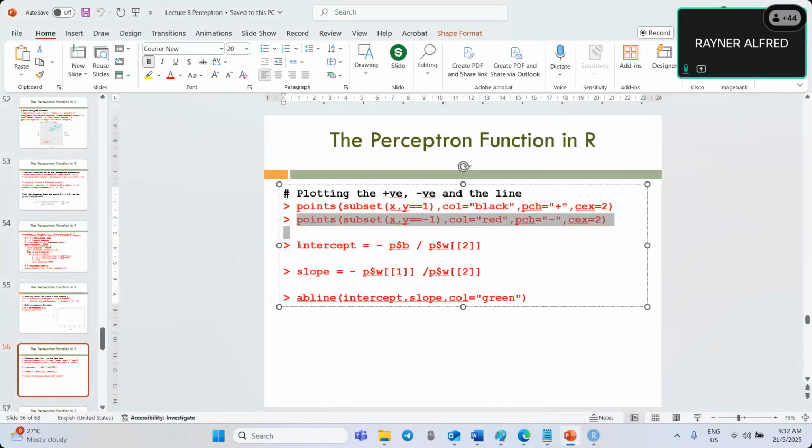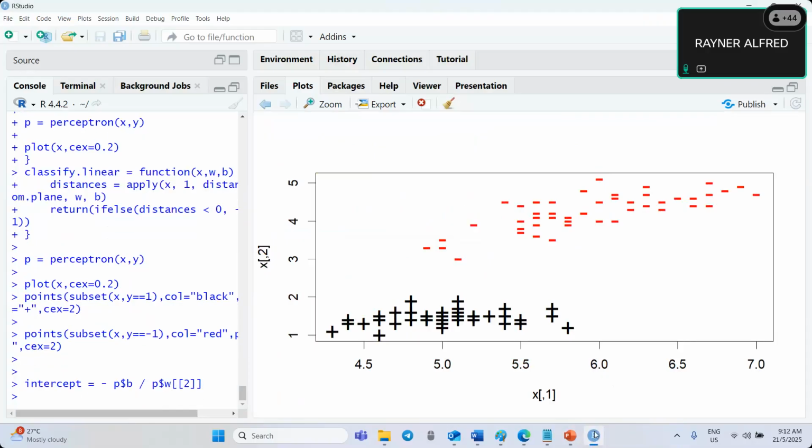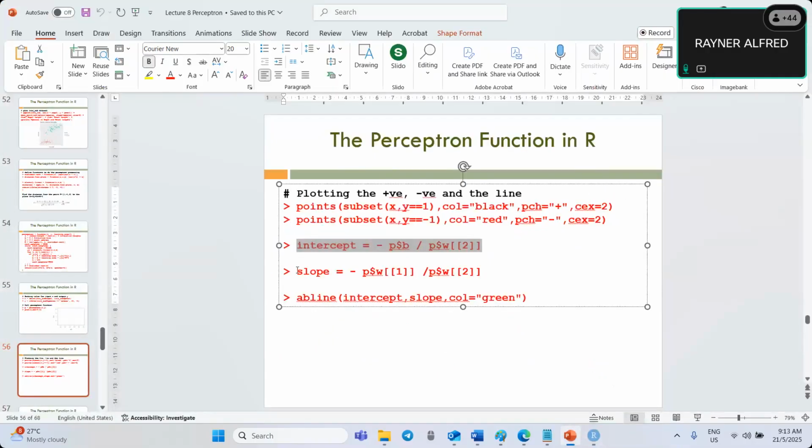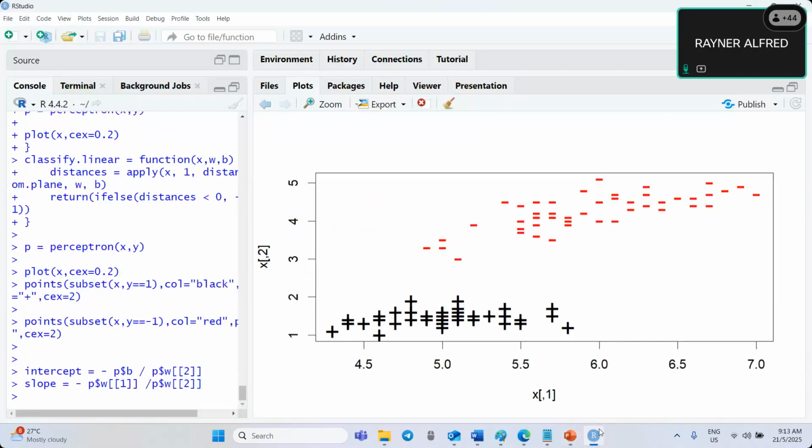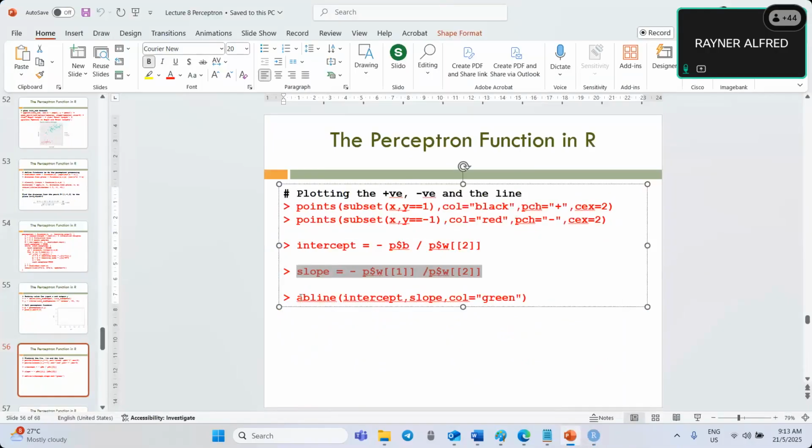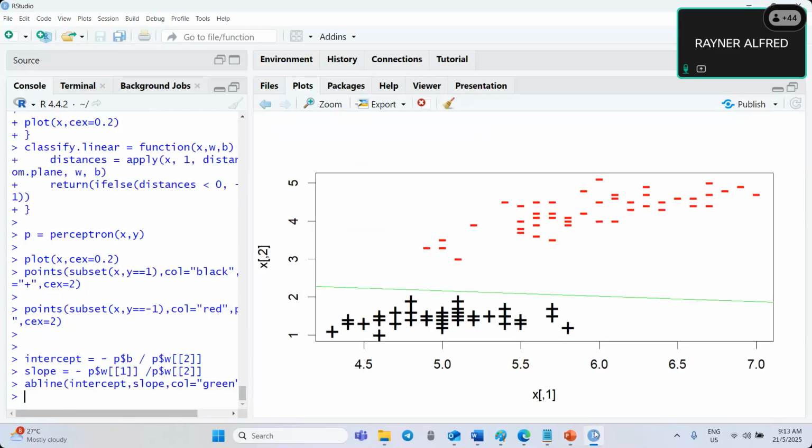And then we will draw this line, computed based on our previous formula here. We find the slope and also the intercept when all is 0. And then we draw the line that will separate them. The green line here indicates the best line that will separate the positive and negative samples that we have. So this is one example.